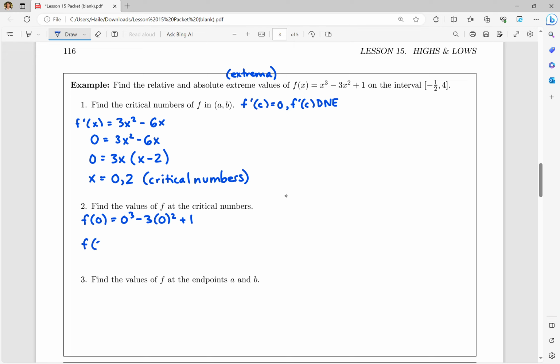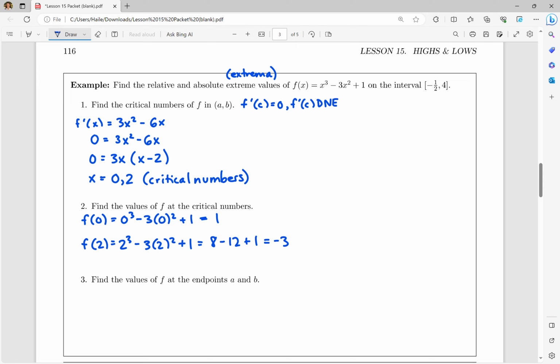And I'm going to find f of 2, which is 2 cubed minus 3 times 2 squared plus 1. So f of 0, well, we have 0 minus 0 plus 1. That's just 1. If we look at 2, that's 8 minus 3 times 4, which is 12, plus 1. So we have negative 4 plus 1, which is negative 3.